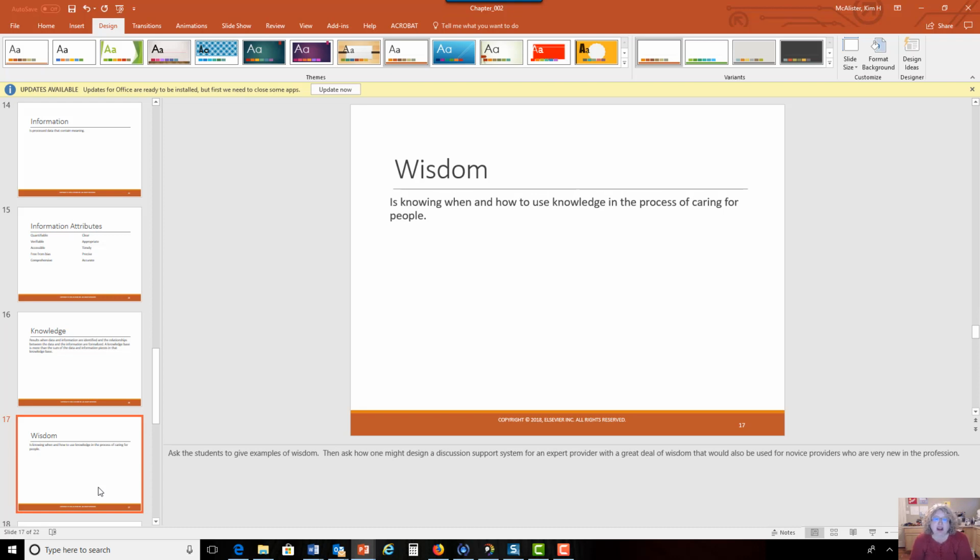Wisdom. How can a decision support system be designed so that someone who is extremely knowledgeable and has a high level of wisdom can work with the system, as well as someone who's a novice? What can be some attributes about that system that would make it work for both persons?